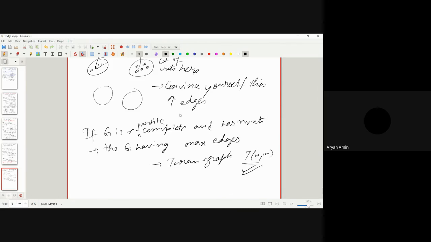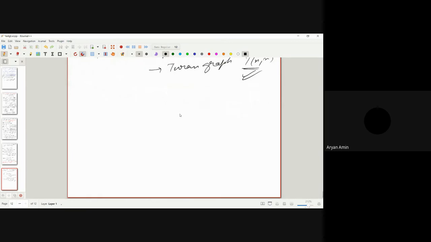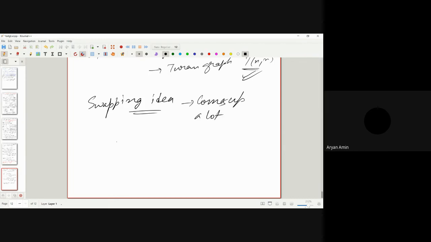Does anyone have any questions regarding this proof? So this was Zarankiewicz symmetrization. The swapping idea is going to come up a lot, basically either to increase degree or to decrease degree or whatever. If there are no questions, then I'll move on to the next proof, and just see the chat rooms.